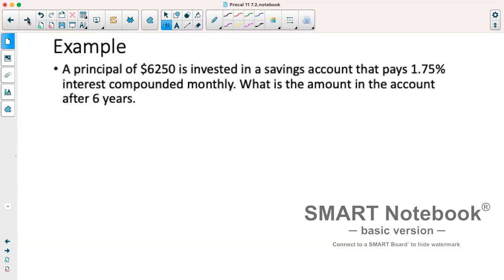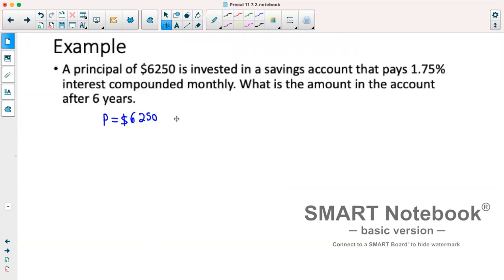So for example, we have a principal of 6,250 invested in a savings account that pays 1.75% interest compounded monthly. Now we want to know what is the amount in the account after 6 years. So we'll read through this again. We've got our principal is 6,250.